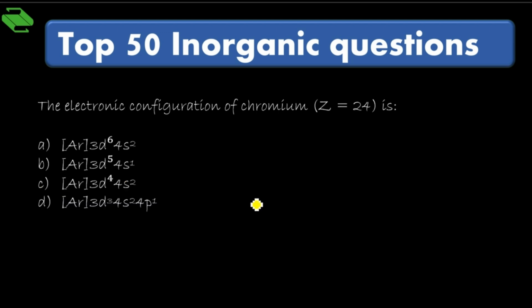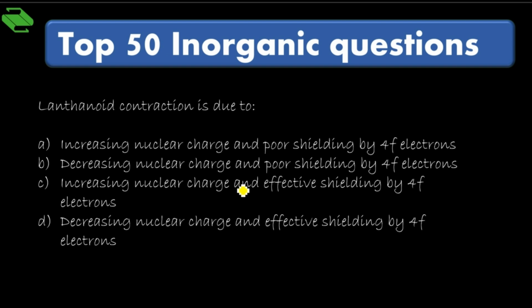Electronic configuration of chromium. Very simple question, but you can ask this fatafat questions. Which is after argon 3d5, 4s1. Contraction is due to increasing nuclear charge and poor shielding effect of 4f. Okay, decreasing nuclear charge and poor shielding effect of 4f electrons, increasing nuclear charge and effective shielding by 4f, and decreasing nuclear charge or effective shielding by 4f electrons.